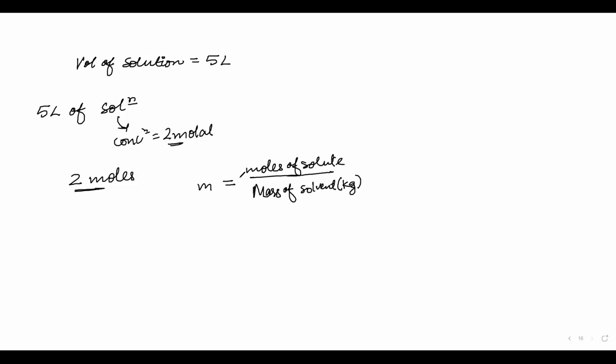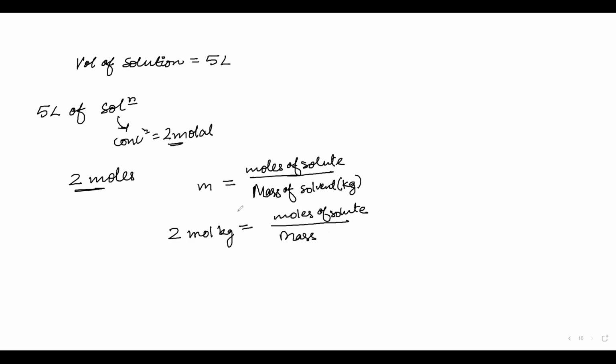Now you have been given molal is equal to 2 m, that is 2 moles per kg, and you have to find the number of moles of solute, but the mass of solvent is also not given. So how can we deal with it?